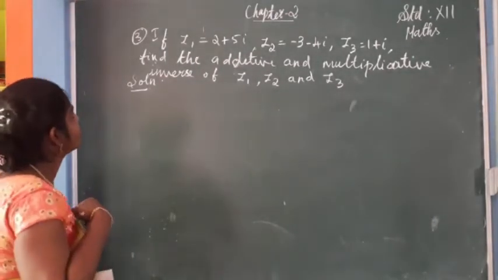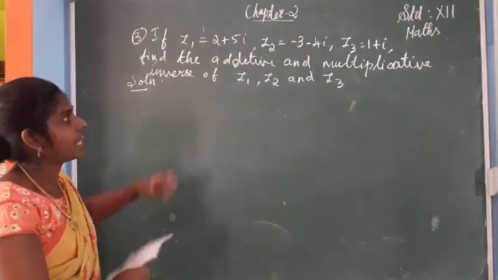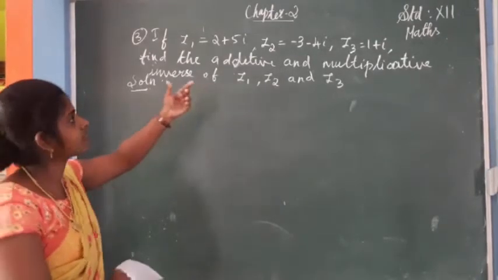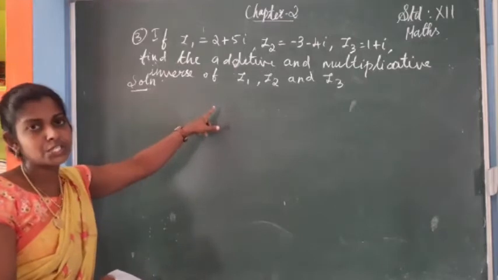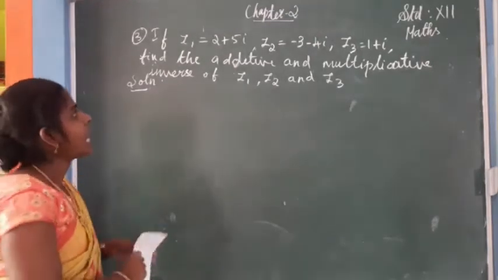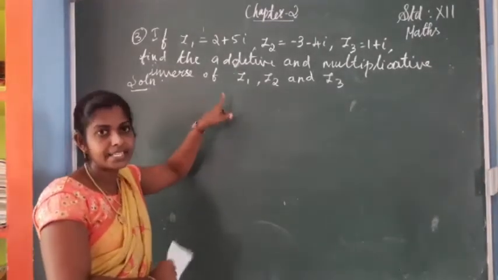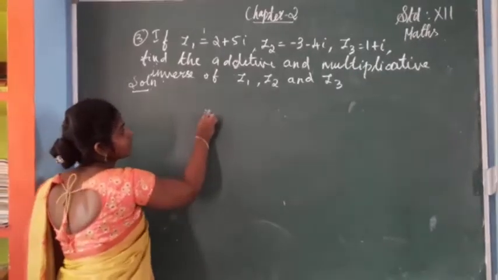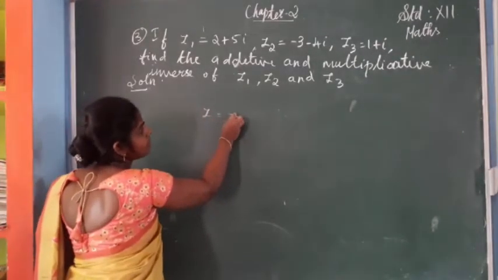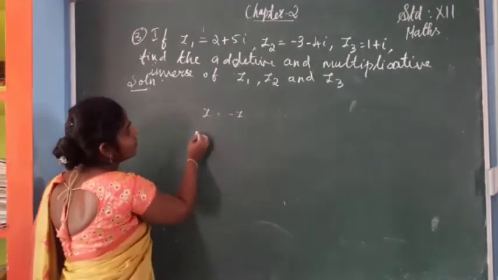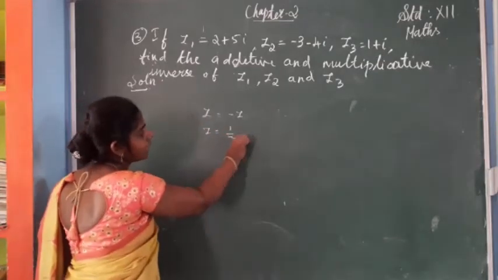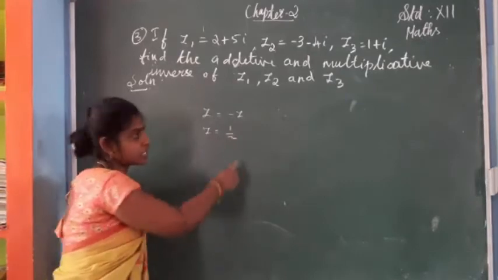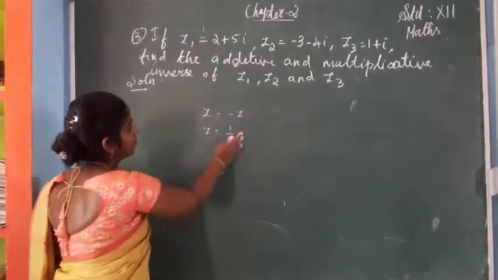So now, Z1, Z2 and Z3 values are given. Find the additive and multiplicative inverse of Z1, Z2 and Z3. The additive inverse of Z is minus Z. For the multiplicative inverse, it is 1 by Z. This is for additive inverse, this is for multiplicative inverse.